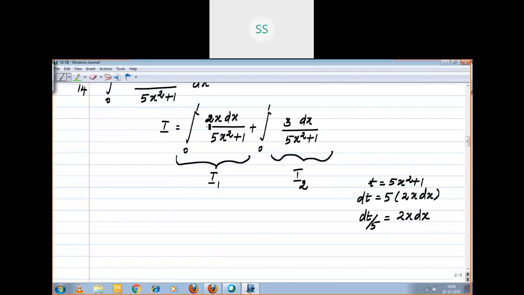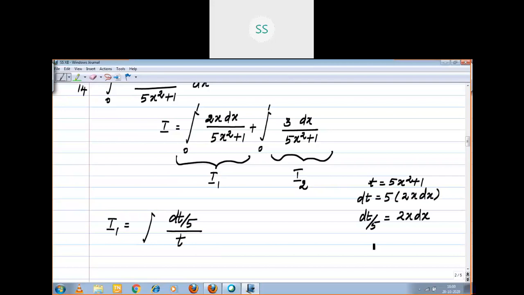I told you, the differentiation of the denominator gives you the result of your numerator. So I1 equals integral of dt by 5 divided by t.